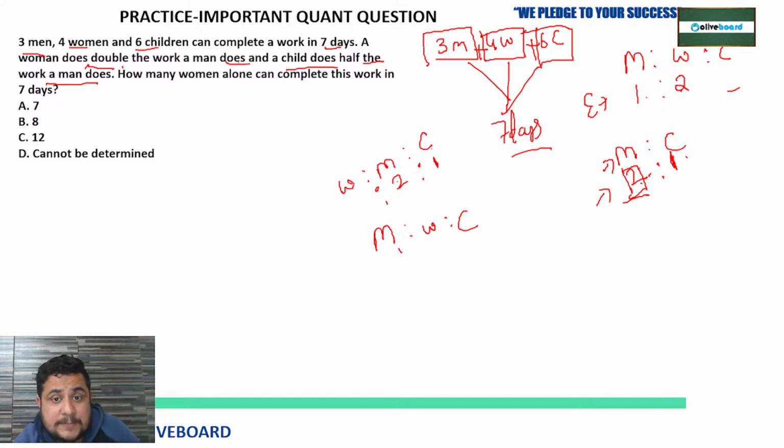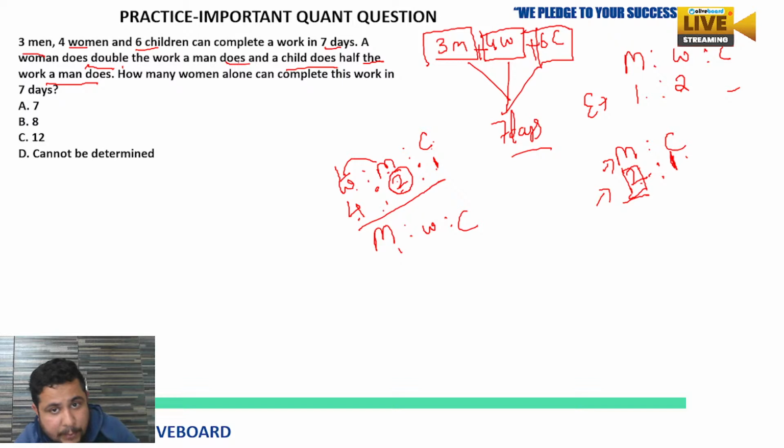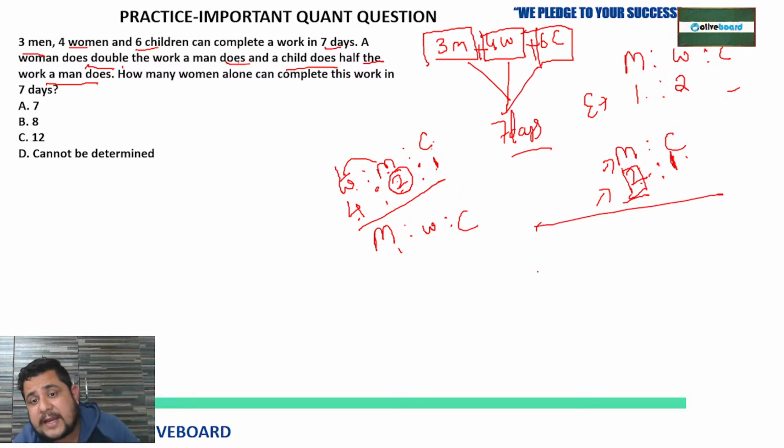Now, with respect to men, women's efficiency is double of men. So if men's efficiency is 2, then women's efficiency will be 4. So their combined ratio will be what? Women, men, and child: 4, 2, and 1. Are you getting my point now? Okay. So now we are having their efficiency ratio, so that we can easily compare how many women will be equal to men.